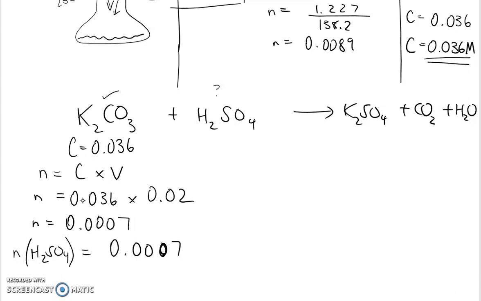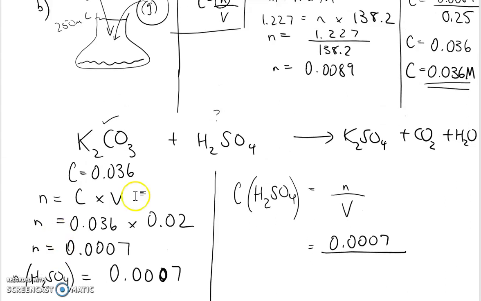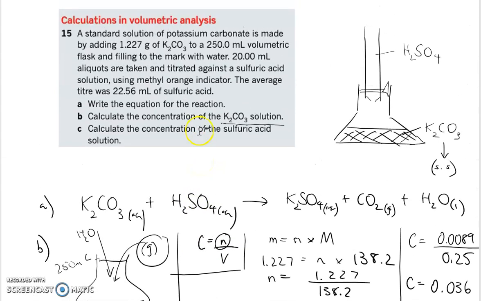Okay, now let us just have a look at that. Yep, cool. So what we need to know though is the concentration of sulfuric acid. That's what the question's asking us. So concentration is moles divided by the volume. So this amount of moles was in what volume? Well, what was the average titer volume?